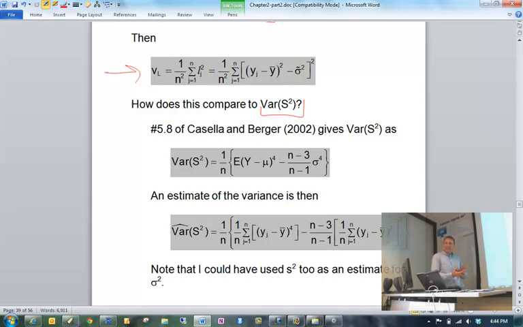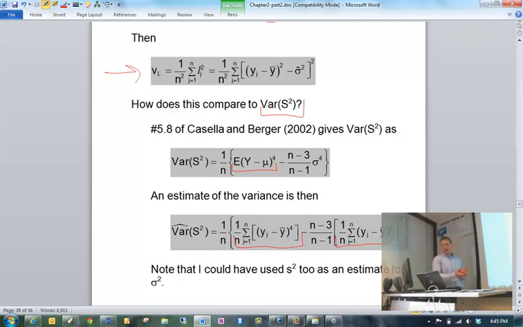A plug-in estimate of it just simply takes this fourth central moment as 1 over n times the sum of (y_j minus y bar) to the fourth, and does a similar thing for sigma squared itself. And so that's an estimate of the variance of S squared.